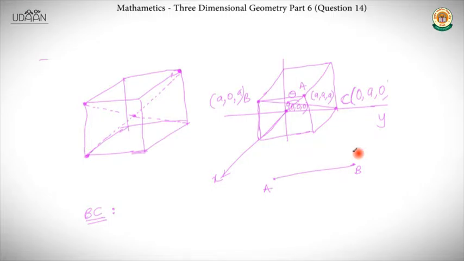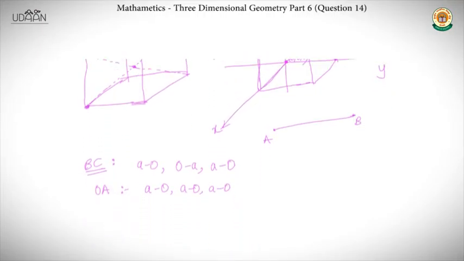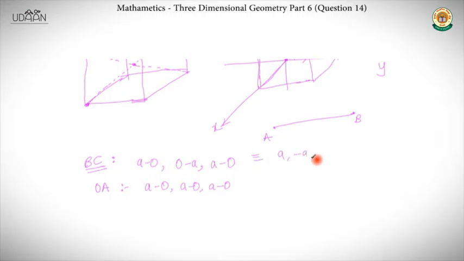For the line BC, we have direction ratios a minus 0, 0 minus a, a minus 0, which are the coordinates of B minus the coordinates of C. For OA, we have a minus 0, a minus 0, a minus 0, which are the coordinates of A minus the coordinates of the origin, which is simply a, a, a. Now we apply the formula for the cosine of the angle between two lines with given direction ratios.